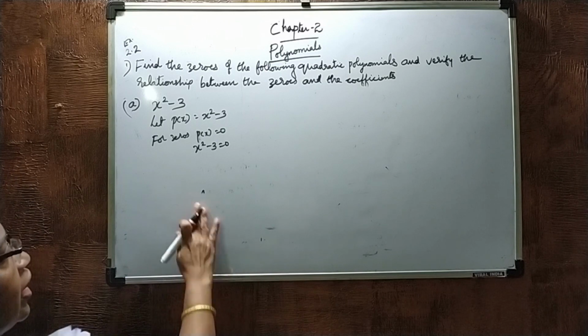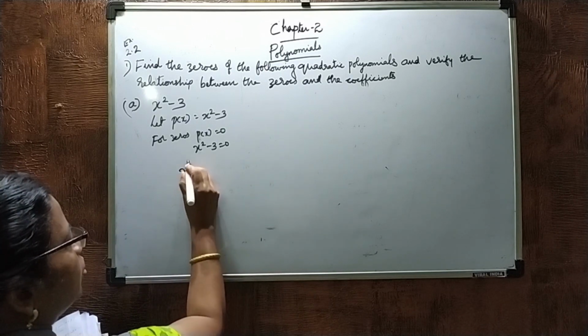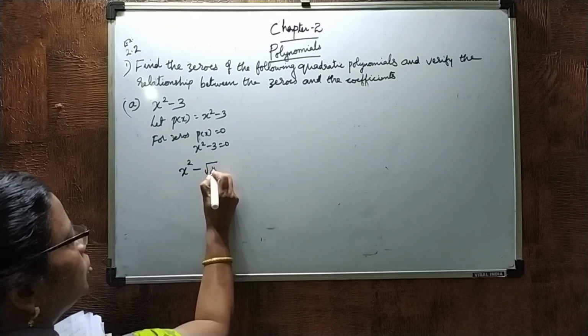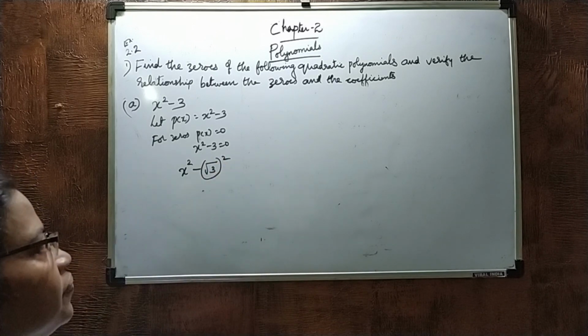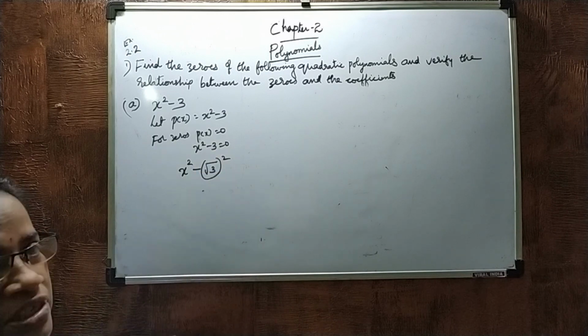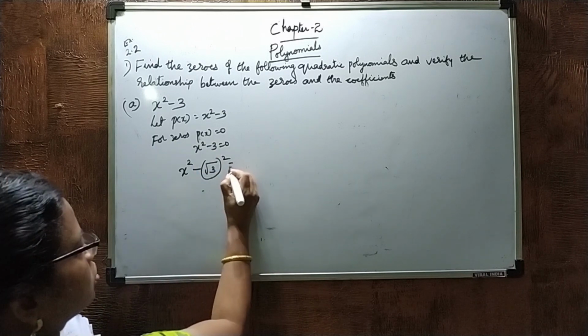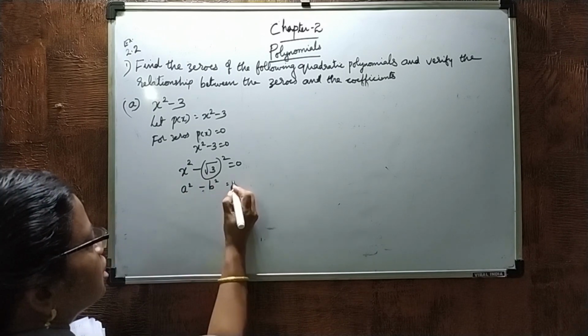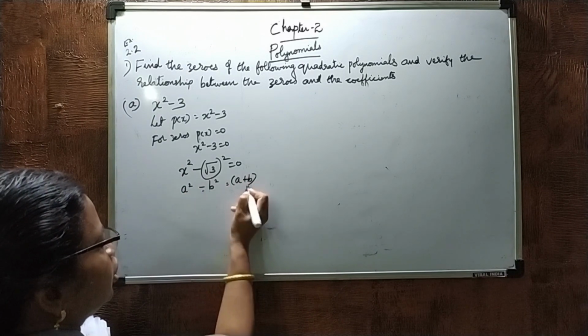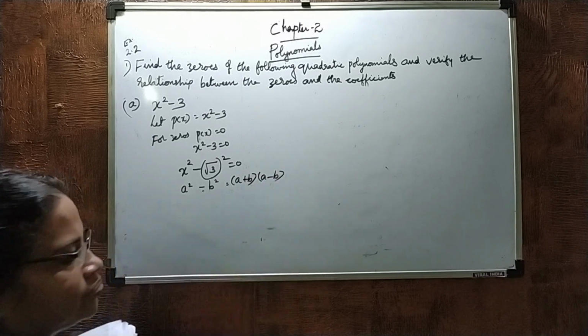Now we are going to write the next step as x square minus root 3 square. What is root 3 square? It is 3. So instead of 3 we are taking root 3 square, equal to 0. Now a square minus b square is equal to a plus b into a minus b.